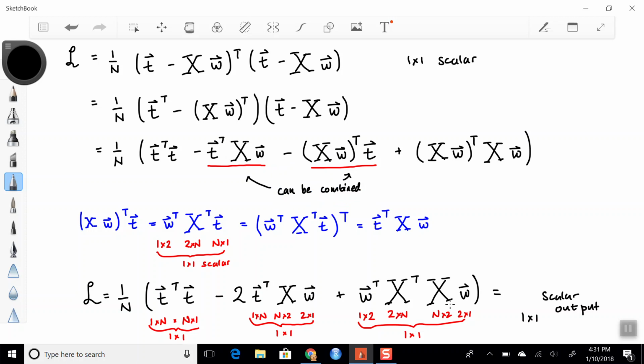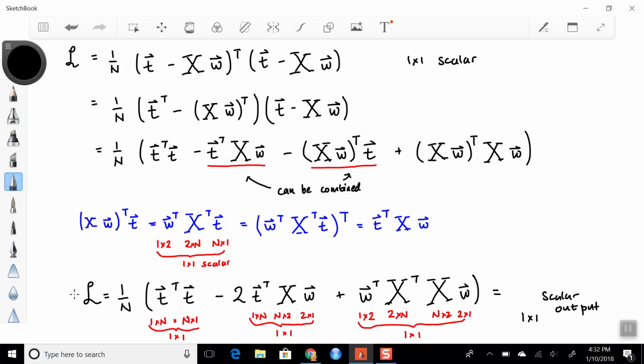We get a single value measure of how good this fit is. That's our loss function. It's defined as the average squared residual. This is our loss function in matrix notation. Great.